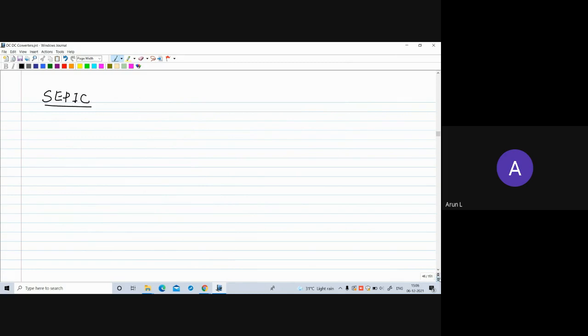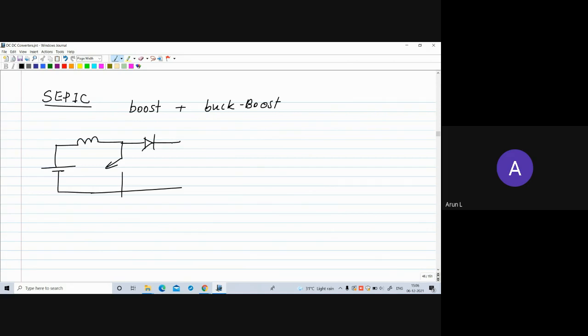Now similarly, the SEPIC converter is actually a cascaded combination of boost and buck boost. So first we will draw a boost converter. So the boost converter will be like this. And this load will be coming at the output side.